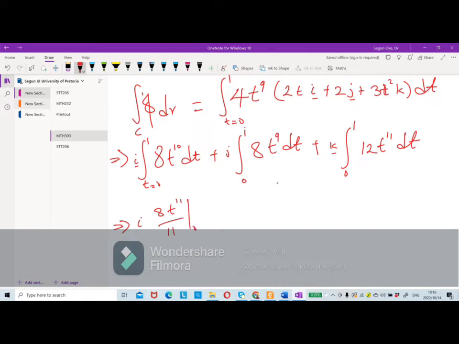Don't forget your limit, upper limit minus lower limit, 0 to 1. Plus your j, 8t raised to power 10 over 10, 0 to 1, plus k, 12t raised to power 12 over 12.